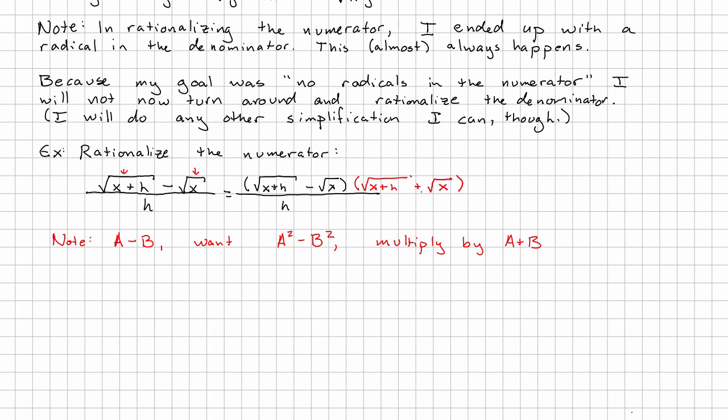Whatever I multiply my numerator by, I have to multiply my denominator by that same thing. So in the numerator, I'll get root x plus h all squared, so that'll be x plus h, minus root x squared, so that's x. In my denominator I have h times this guy.